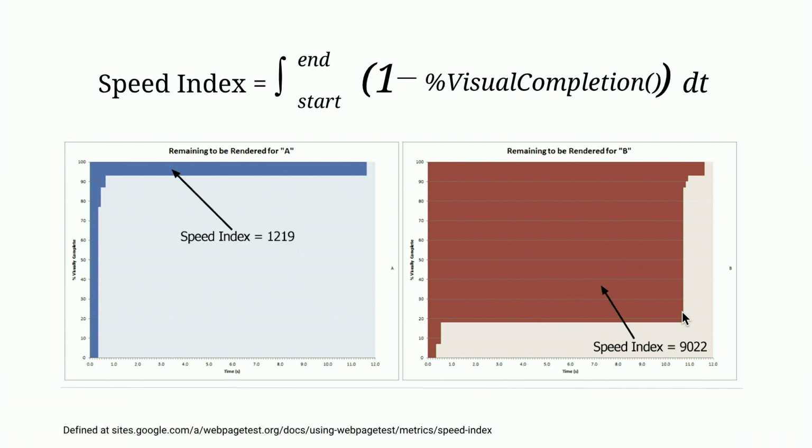Whereas in this case, it's a high number, and that's bad. That's speed index. It's interesting because it ends up being a number that you could consider a point in time, like 1.2 seconds or 9 seconds.